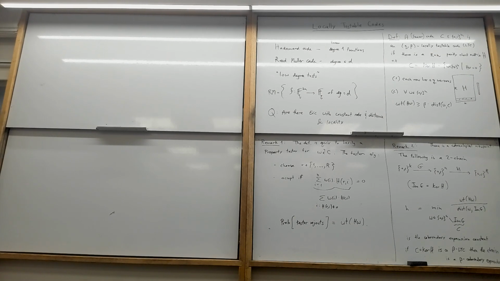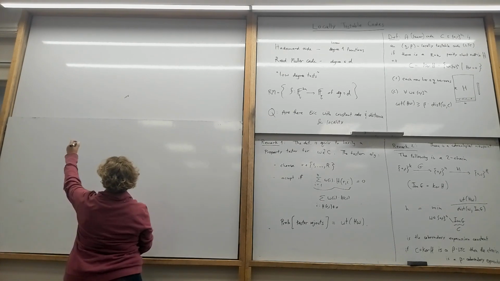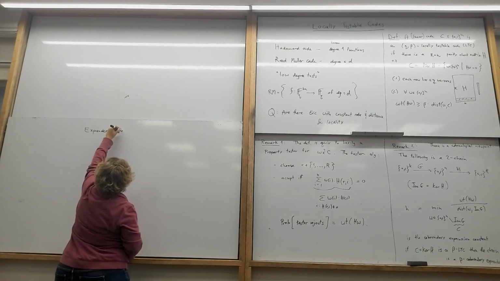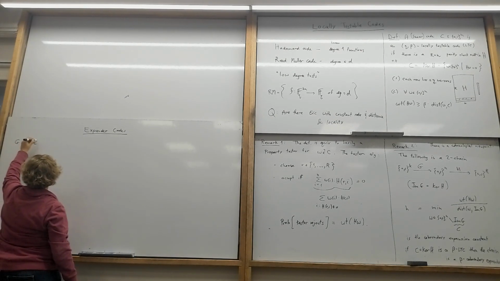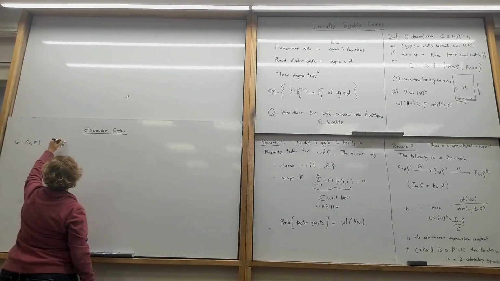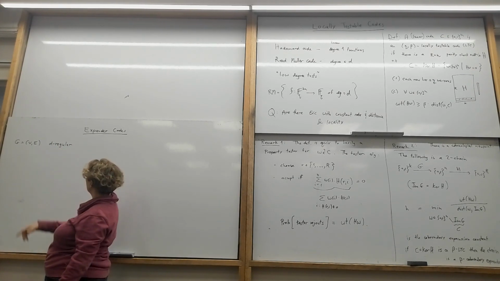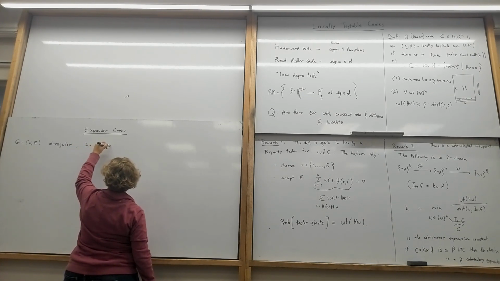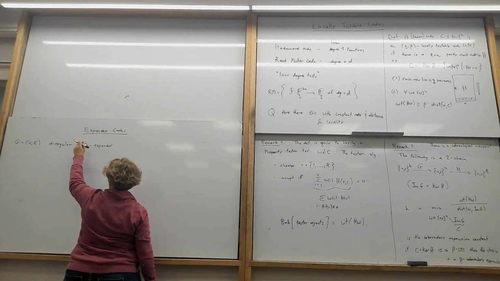Okay, now we want to recall expander codes. I don't think we talked about them enough, so I'll talk about them today. So if we have a graph that's an expander graph, we imagine a graph on many vertices, but it's very sparse, it's d-regular, and suppose it's a lambda expander, meaning that the second largest eigenvalue normalized is at most lambda.